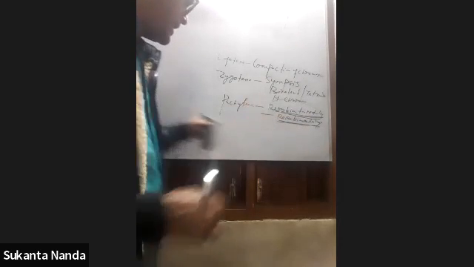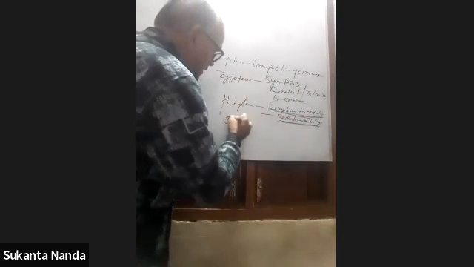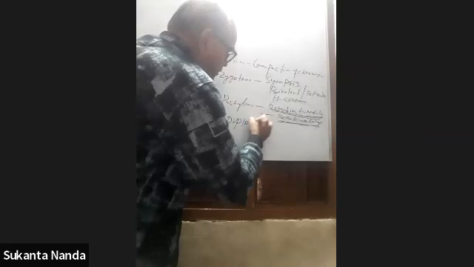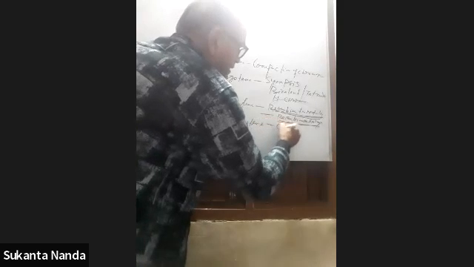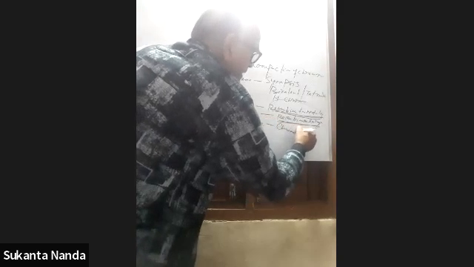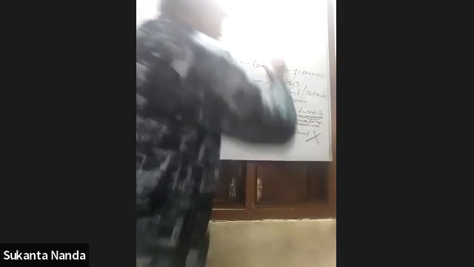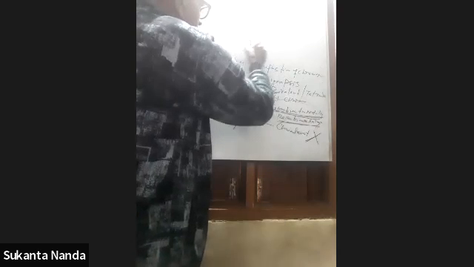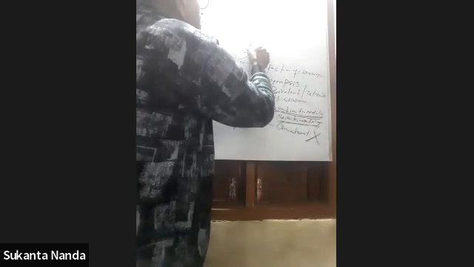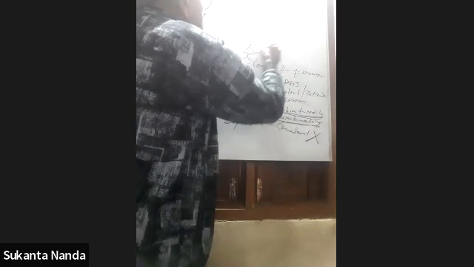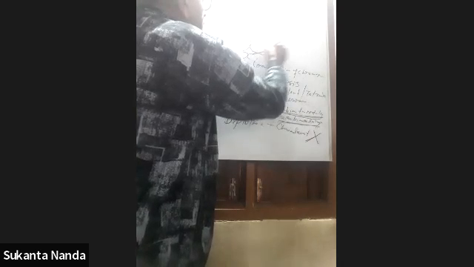That is pachytene, and then diplotene. In diplotene, what you will have to find out is the chiasmata. These are the points where the two chromosomes' chromatids form an X-shaped structure.